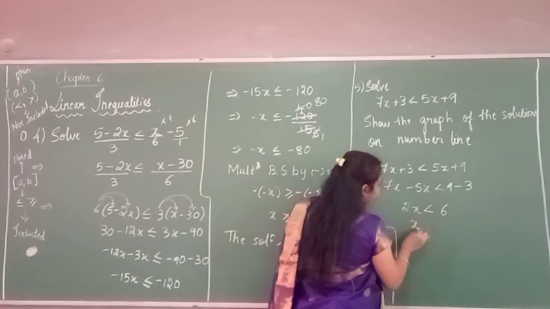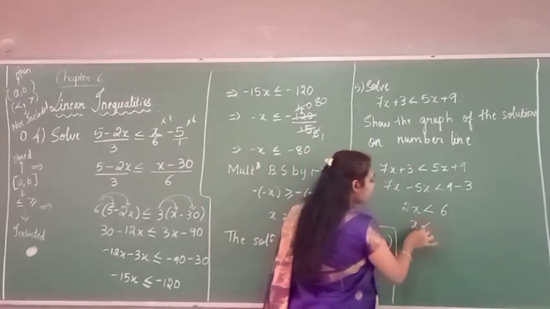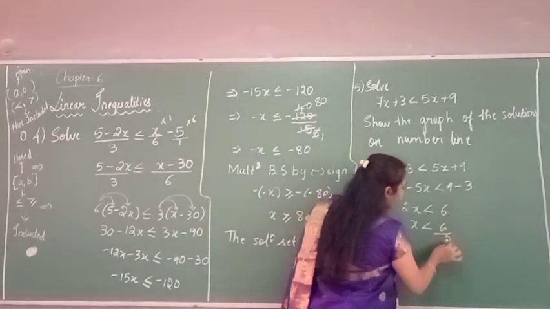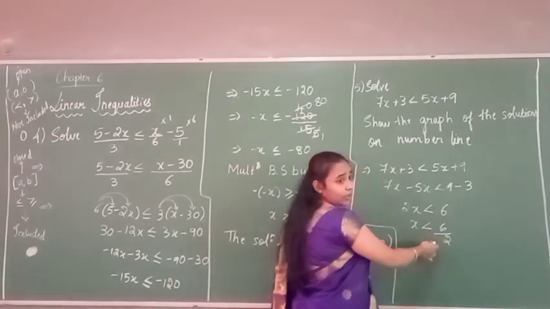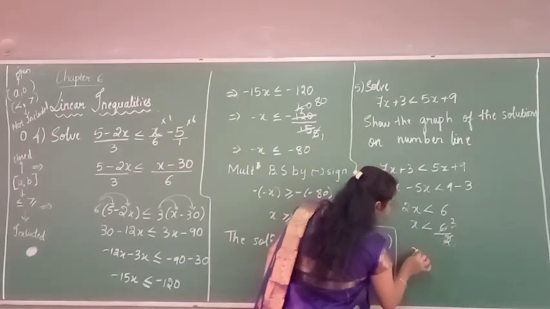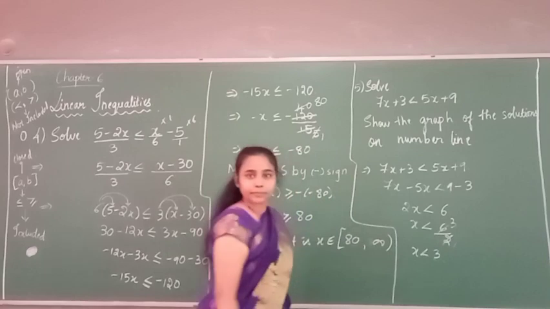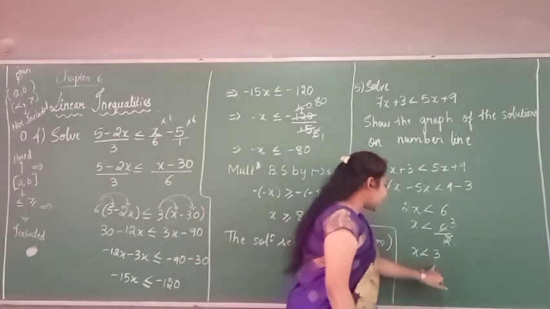Next, take the numerical which is multiplied with x to the RHS side. So it will be x is less than 6 divided by 2. So 2 ones are 2, 2 threes are 6. x is less than 3. Is it clear?